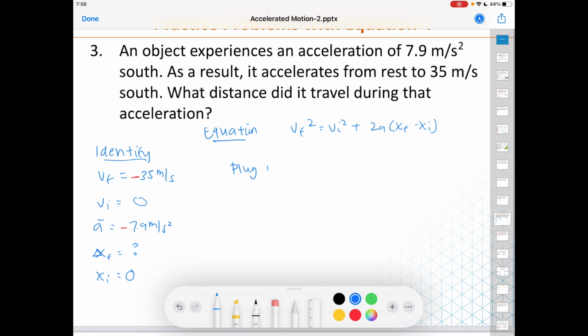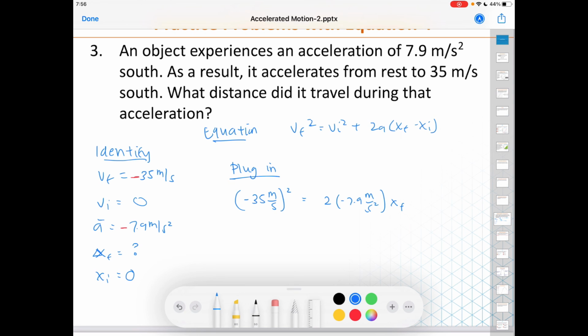We'll plug all these in and solve. We'll have negative 35 meters per second, squared, is equal to 2 times the acceleration, negative 7.9 meters per second squared, times our final position. And I'm just leaving out anything that would have been 0.